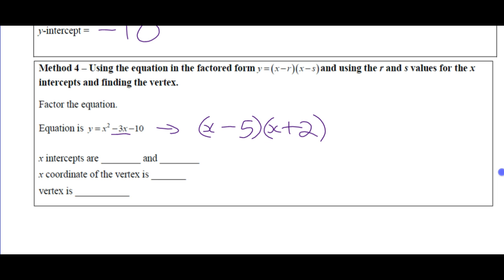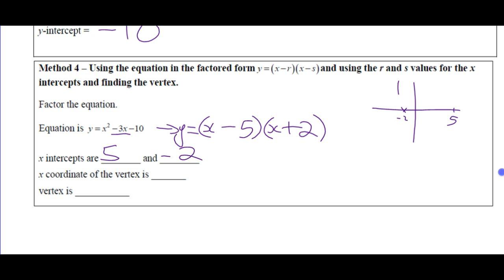It's all good. So the x-intercepts are, what makes that 0? 5, and this one. Okay, so we have 5 and -2. The x-coordinate of the vertex is, okay, so think about what we have. -2, 5, right?